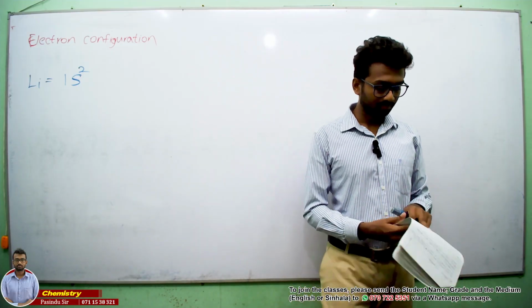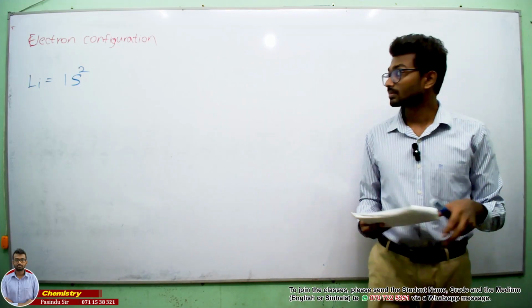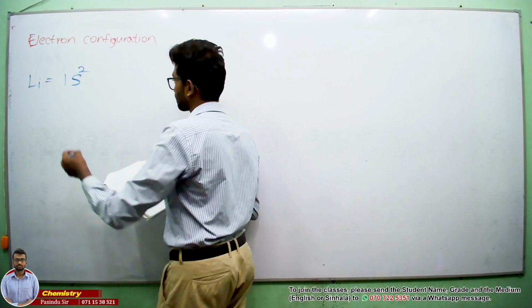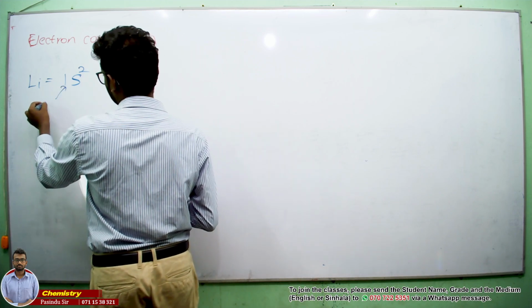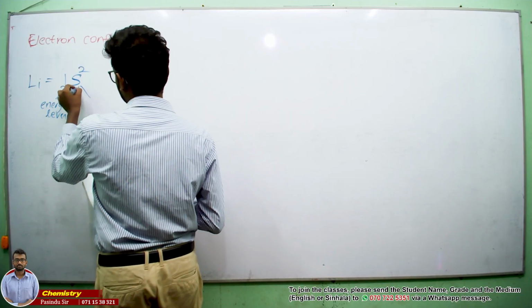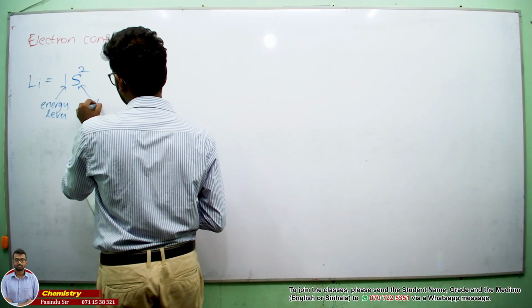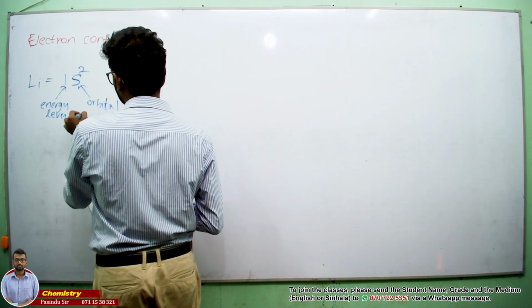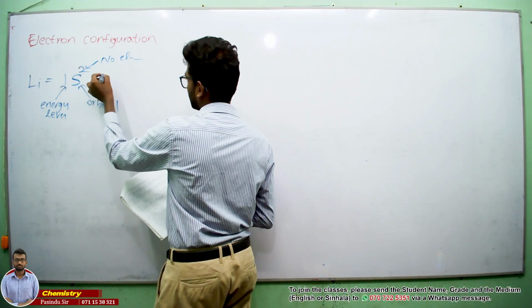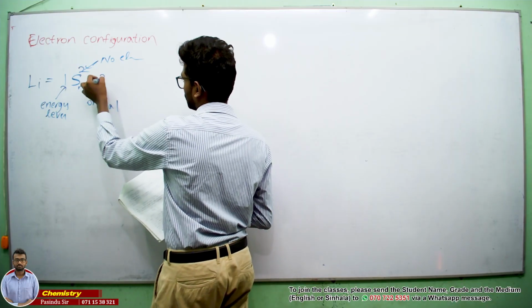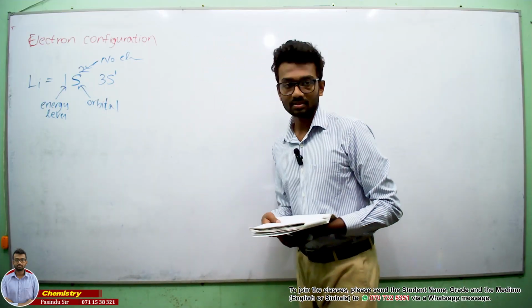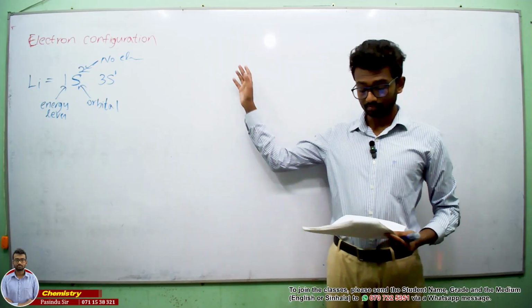So 1s2, then 2s1. This is the simple way we write electron filling.